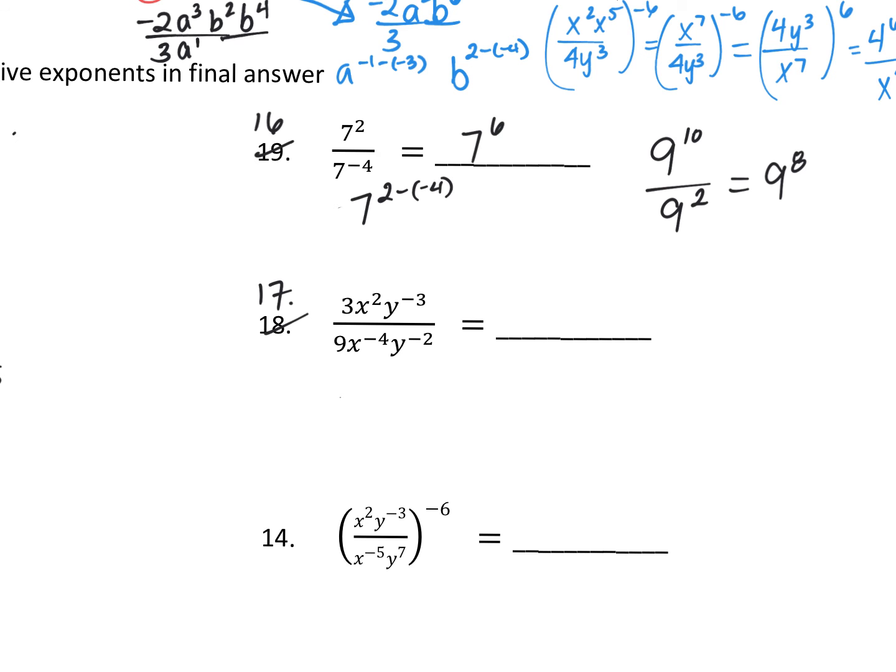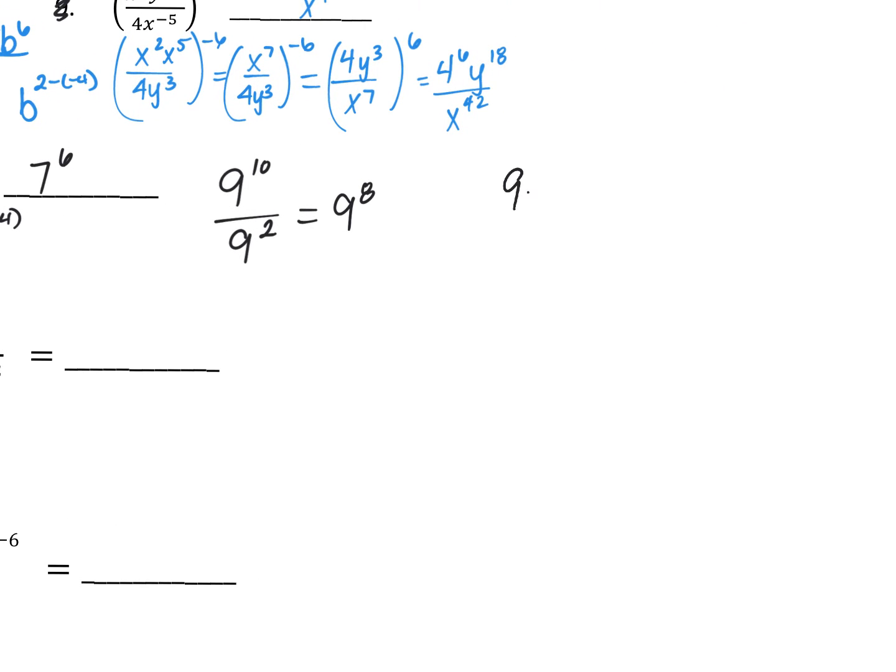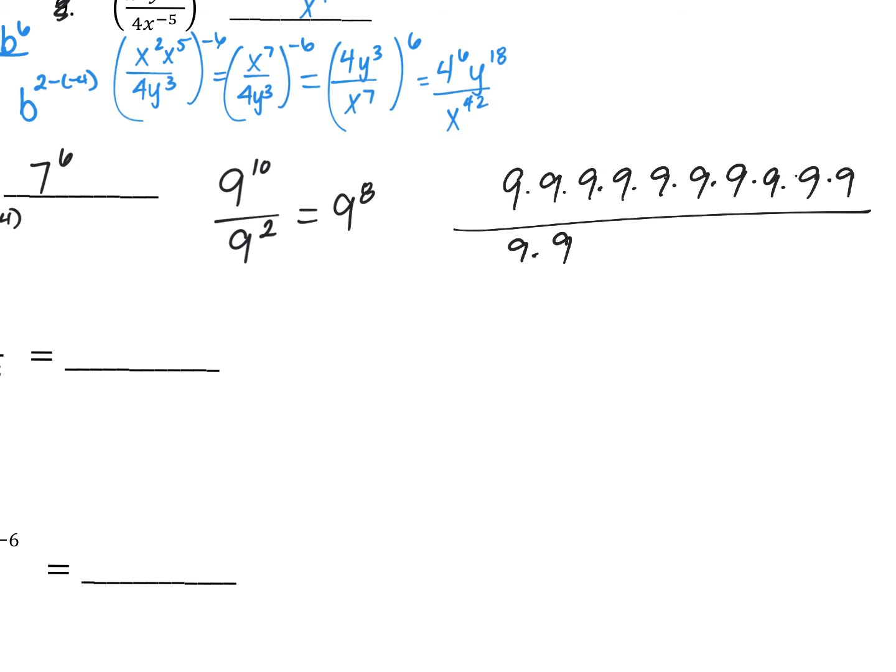It doesn't become 1 because I'm actually multiplying a bunch of 9s together and then dividing it by 2 9s, so I'm canceling. Did these change? No, they're still 9s, right? And people write the answer as 1 to the 8th all the time.